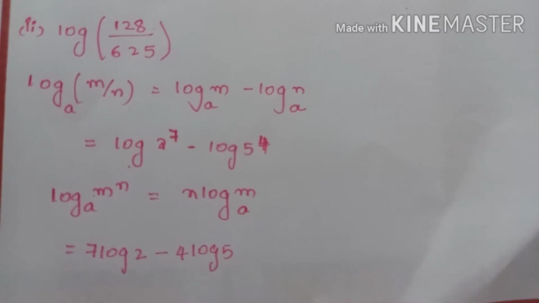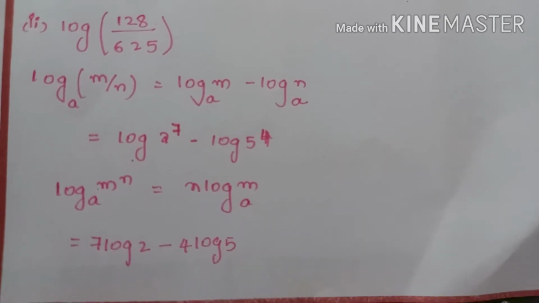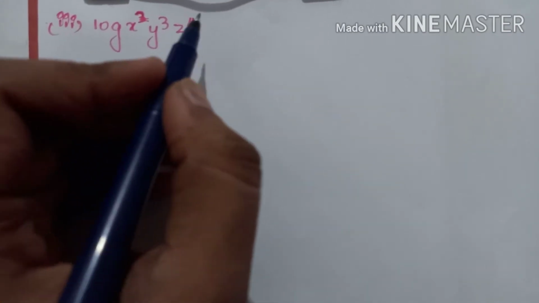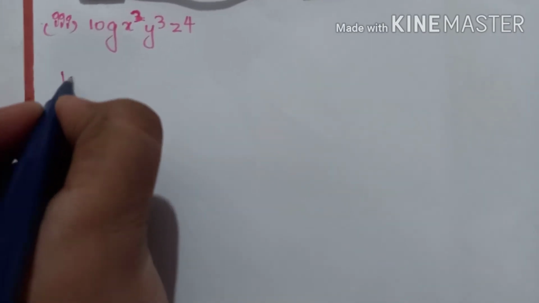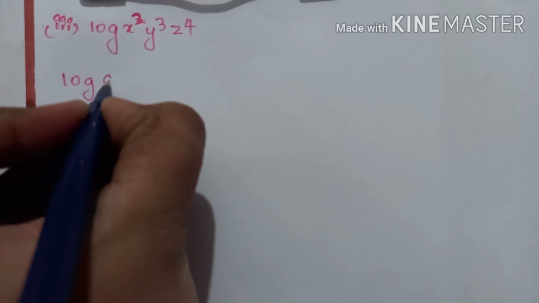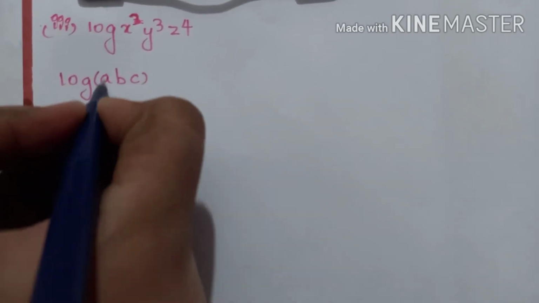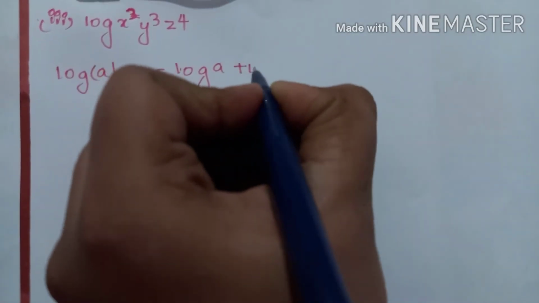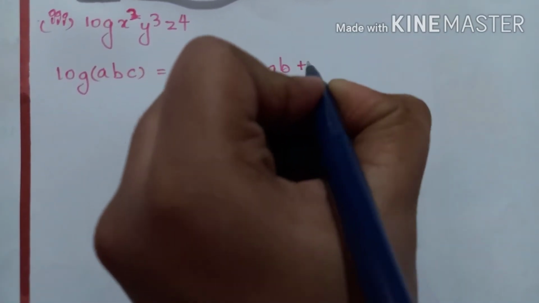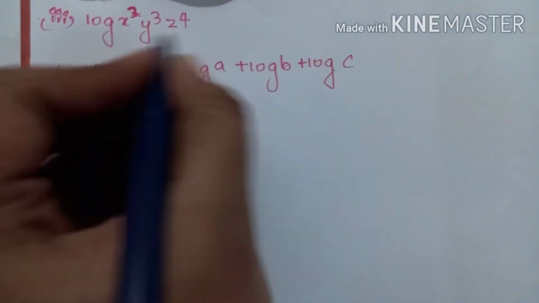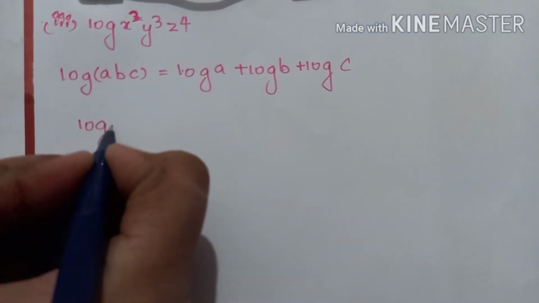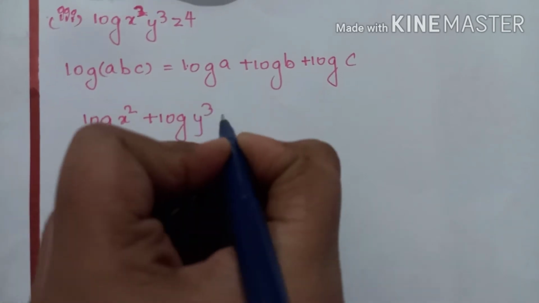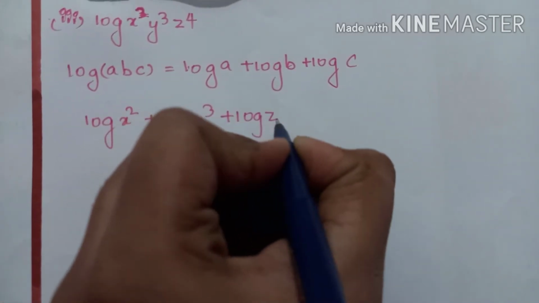Now let's start the third question. This is log x square y cube z power 4, and we know the property that log a b c can be written as log a plus log b plus log c. So this can be split as log x square plus log y cube plus log z power 4.